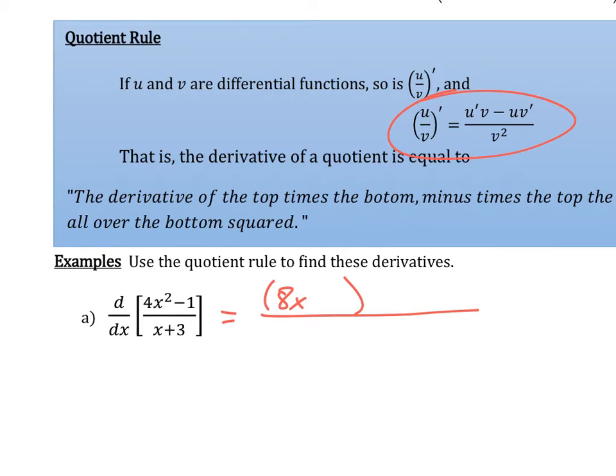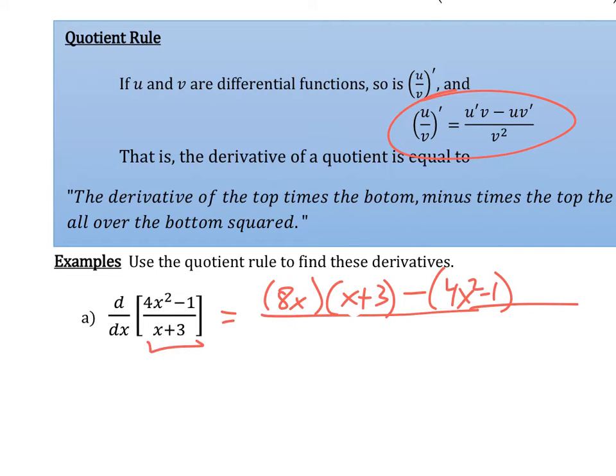Derivative of 1 is 0, right? Constants go away. So, oh, that's nice. So it's just 8x. That's the derivative of the top times the bottom minus the top, 4x squared minus 1, times the derivative of the bottom.